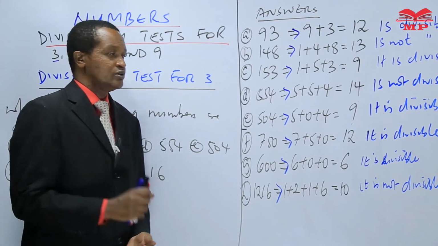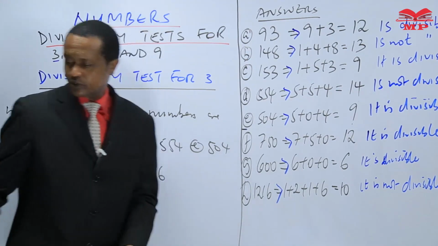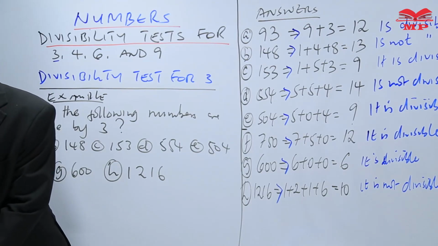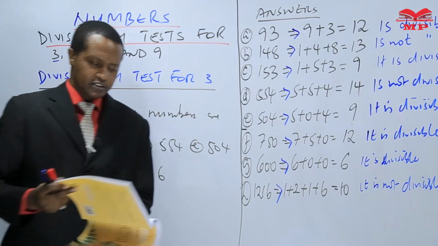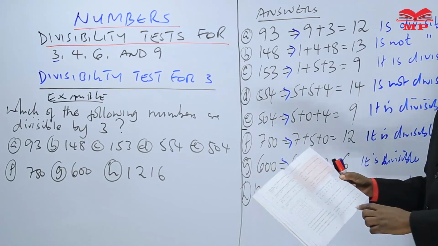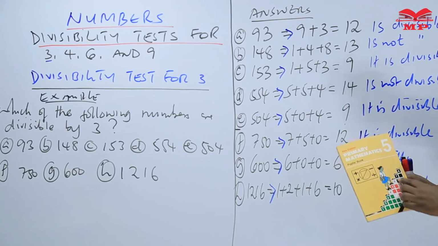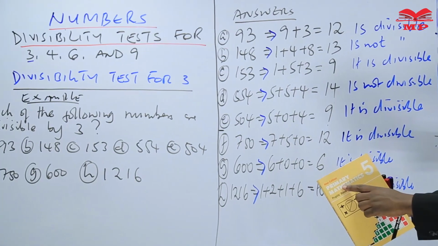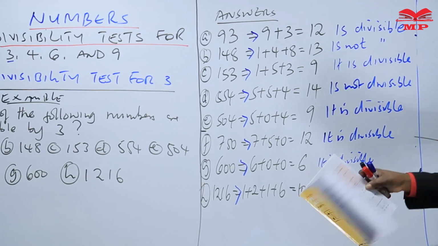Before we close this lesson, I'm going to give you an exercise from your book, on page 23 of the Primary Mathematics Pupils Book.